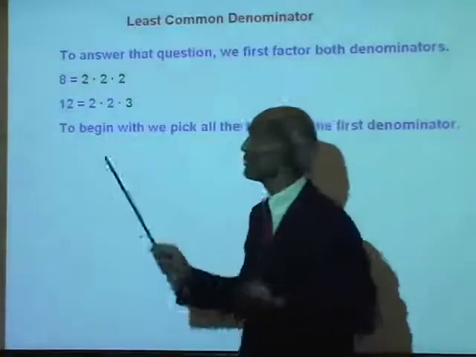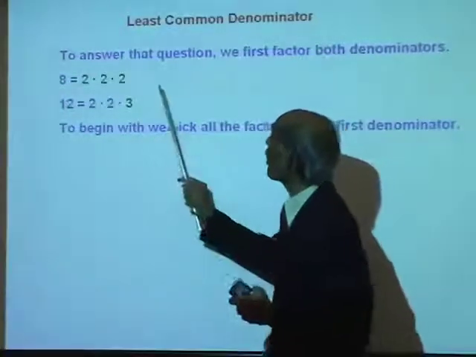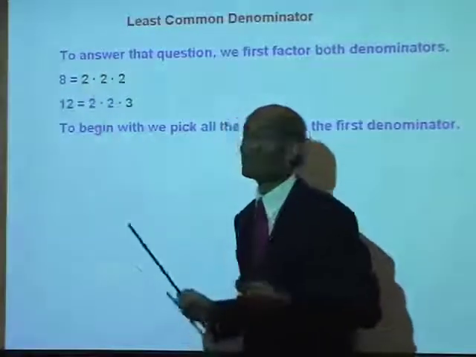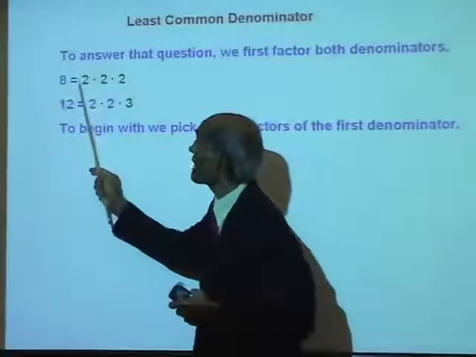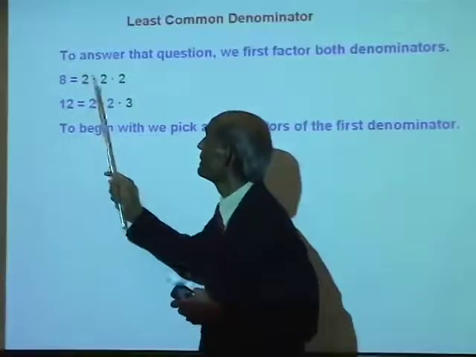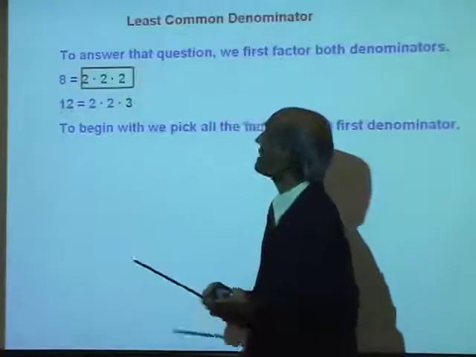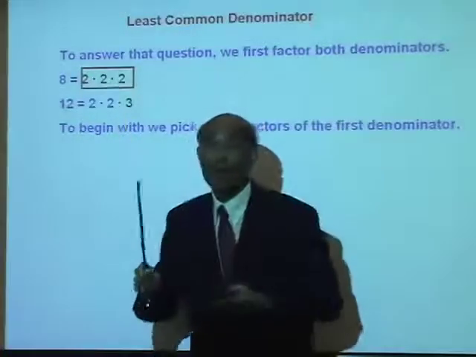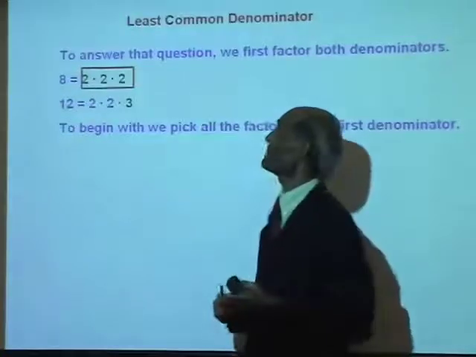So to begin, we pick all the factors of the first number. That will be 2 times 2 times 2. Our common denominator must contain all the factors of the first number.